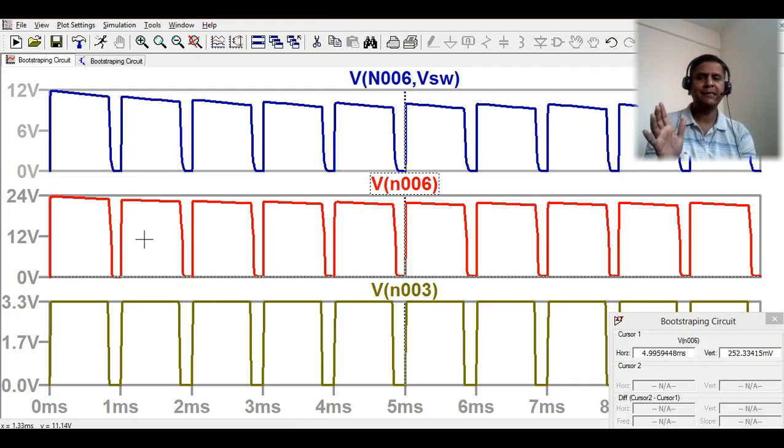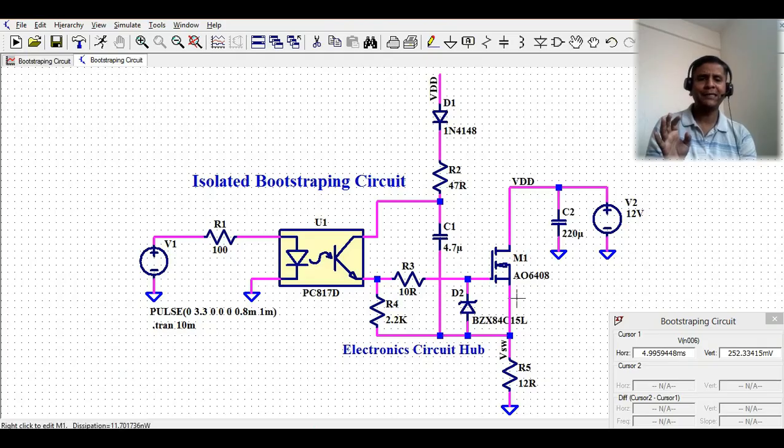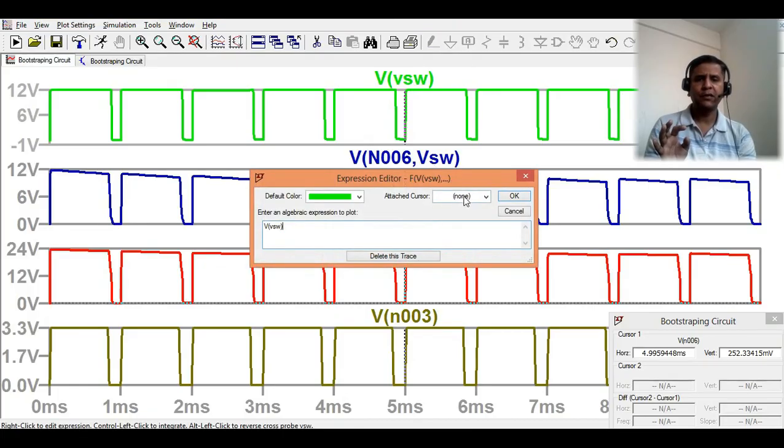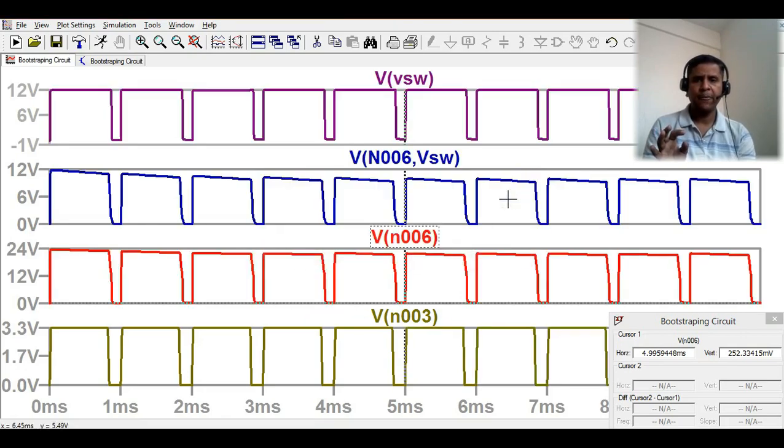You can clearly see that is the bootstrapping function, and the voltage between gate and source is exactly 12 volt. If you want to see the voltage across the load, I call it V switch. Let me change this color.